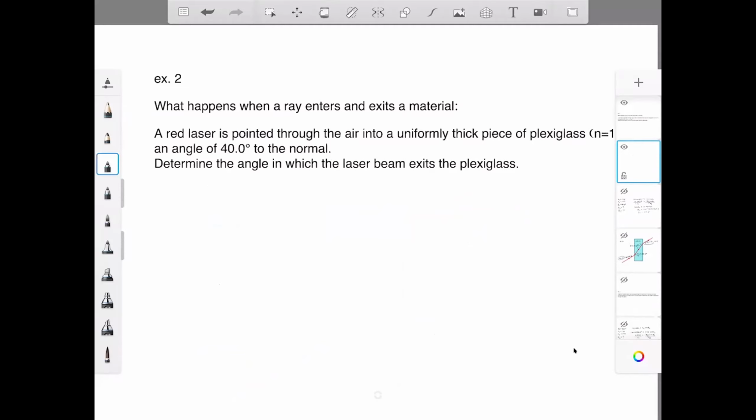So 1.51 sine of 25.2 degrees equals 1.00 sine theta 3. We're able to do this because we go back to the picture.